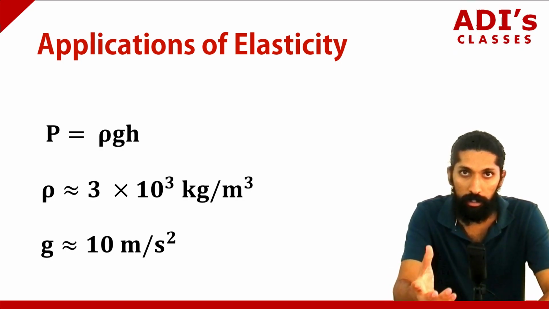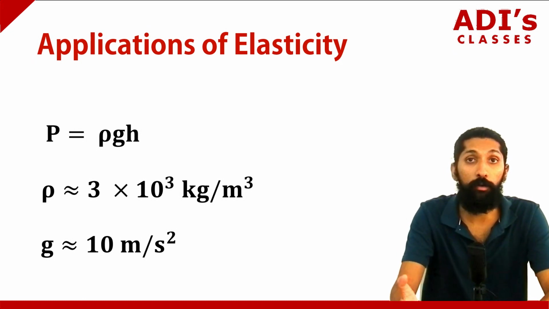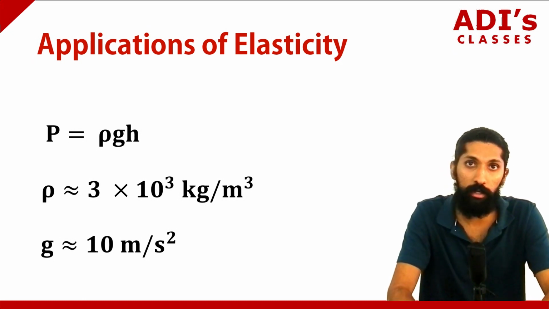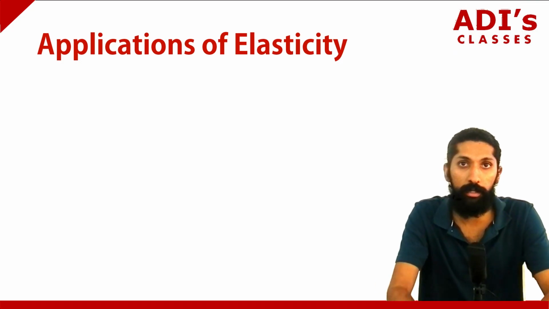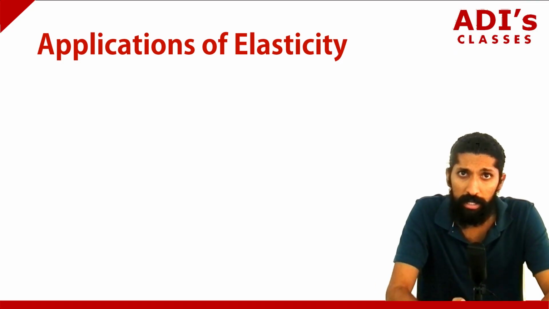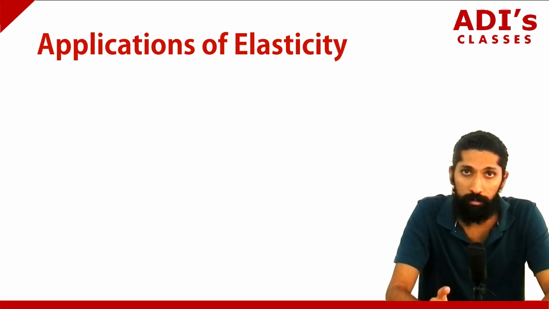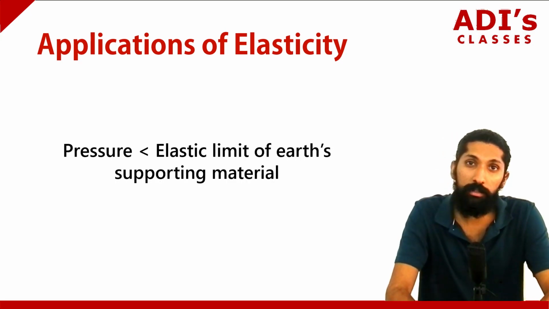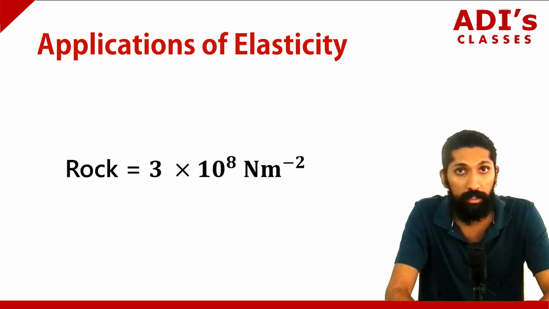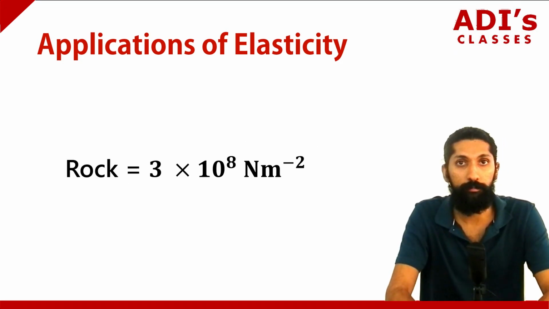Now, at the bottom of the mountain, you have rocks and boulders. They have a particular elastic property. The modulus of elasticity for a rock is around 3 into 10 to the power of 8 Newton per meter square.